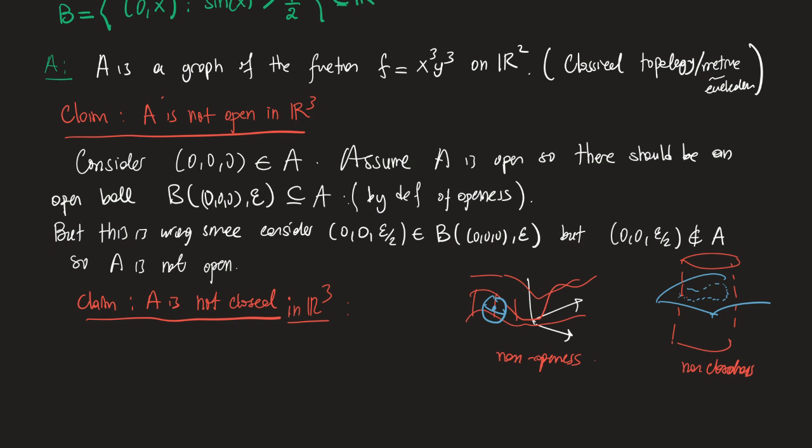One of the ways of showing some set is not closed is to consider limit points.